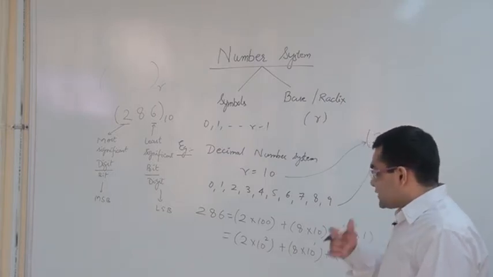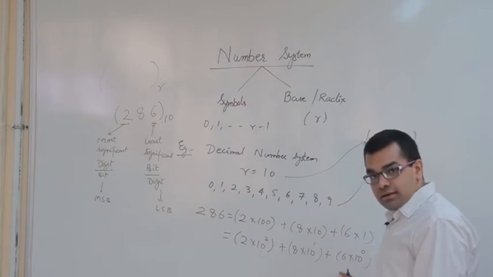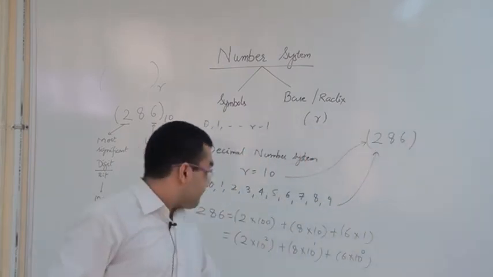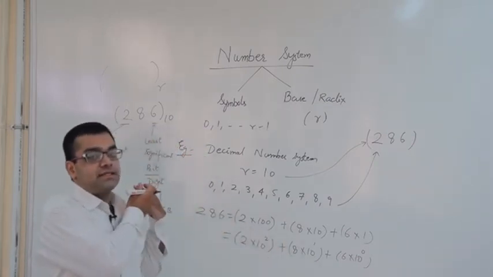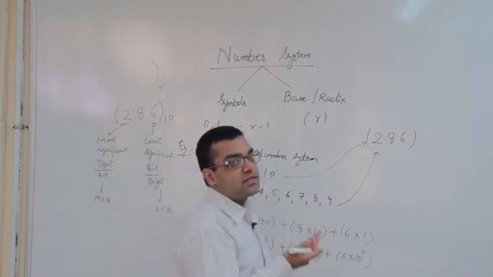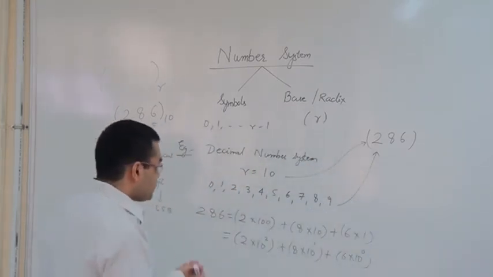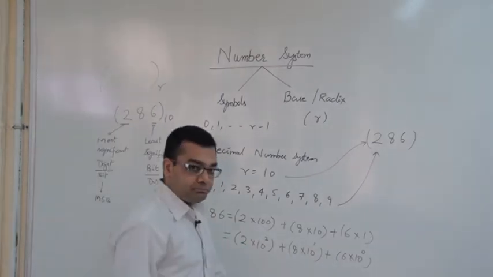So the ultimate idea to represent the information is that we start from the LSB into radix or base to the power 0, then the next digit into base to the power 1, and so on. We are increasing one power as we go towards the MSB. Okay. So now you can actually see why they are called MSB or LSB.